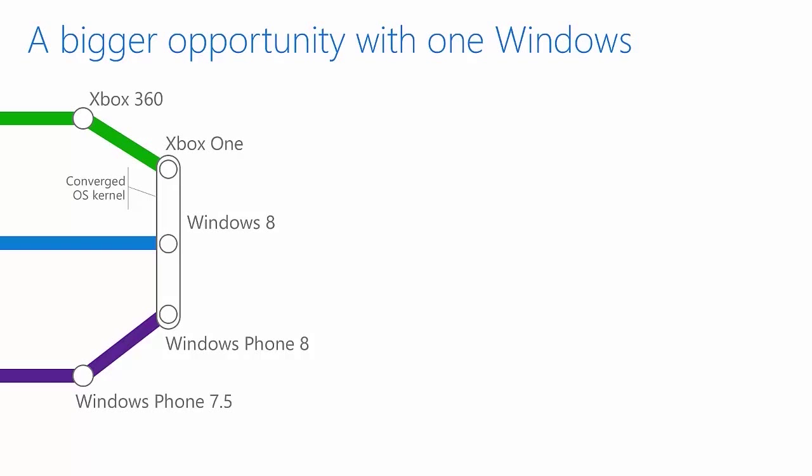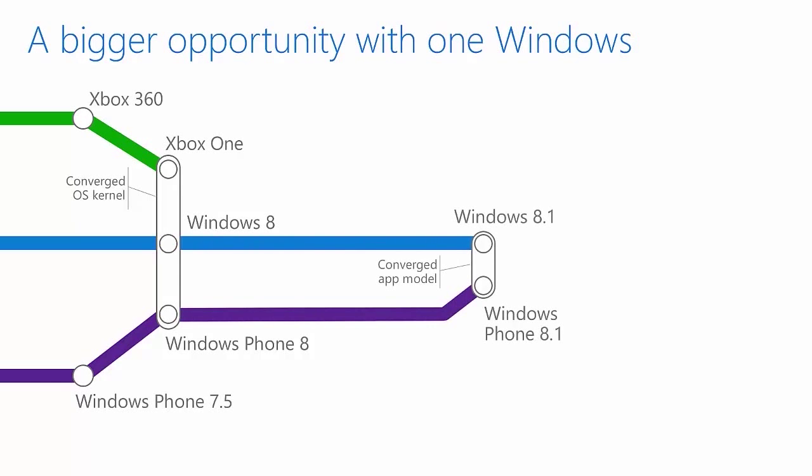So Windows 8 introduced the new Windows runtime, while Windows Phone 8 was still based on Silverlight and on the .NET framework. With Windows 8.1 and Windows Phone 8.1, we finally introduced a converged app model. So the Windows runtime is now the fundamental base under both platforms, which means that you are able to reuse approximately 90% of the code and that you have the same app model on both platforms.